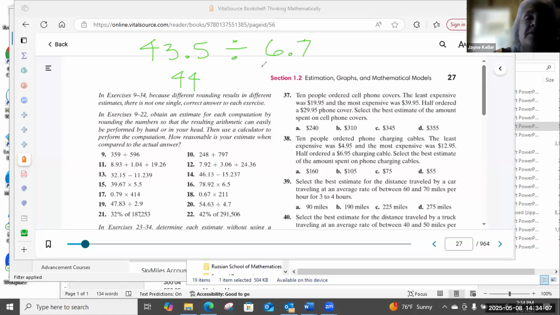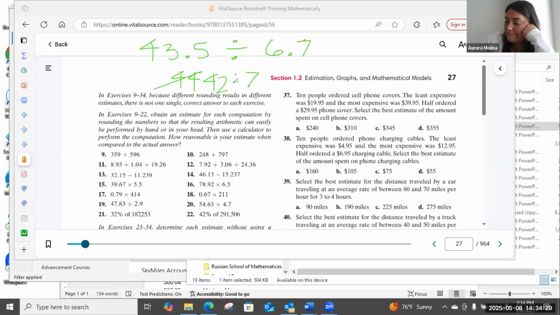And I would round 6.7 to 7. And that 44 doesn't divide 7 easily. I still would have to use a calculator. But if I say to myself, well, let's see what number is close to this that is a multiple of 7, and I get 42. So I can do 42 divided by 7, which is 6. And so that gives me a really nice idea. So division is the only one where we play with the numbers a little bit and try to come up with something that divides evenly.